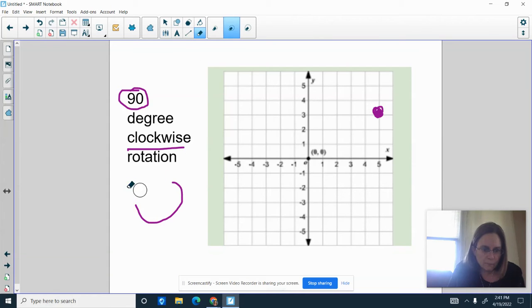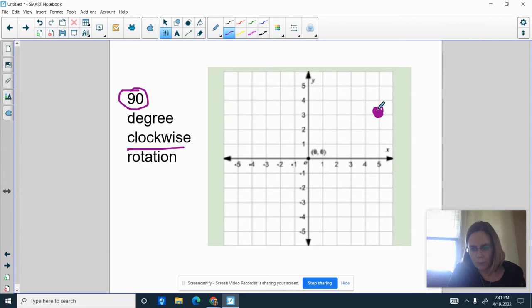I'm going to call that point A. And we're going to take point A and do a 90-degree clockwise rotation. So first we have to determine what is the coordinate of point A.